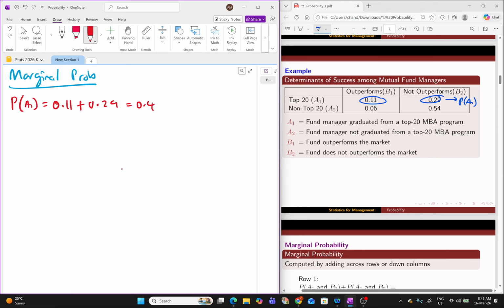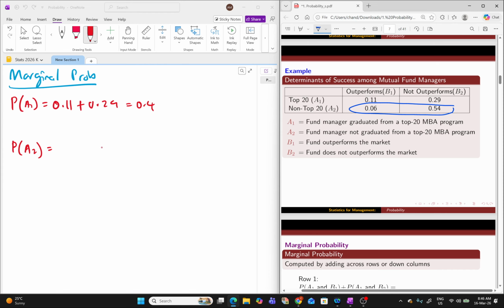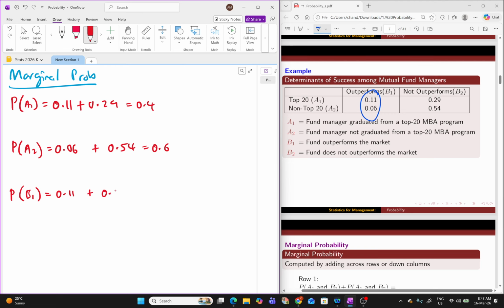Okay, that is marginal probability. Same goes for A2. If I want to find the probability of A2 only, what should I do? You take this one plus this, you will get 0.6. If you want to find the probability of B1, you plus this 0.11 and 0.06.